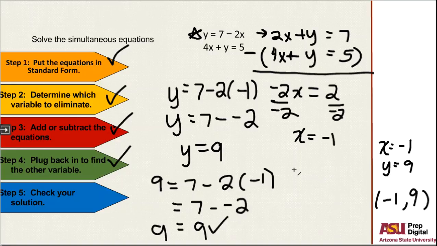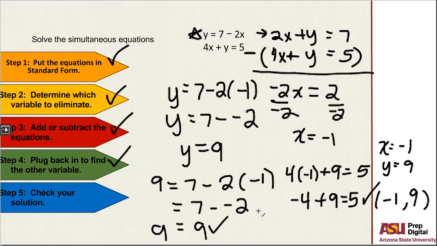For the second one, 4 times negative 1 plus 9, does that equal 5? Well, 4 times negative 1 is negative 4, and if we add negative 4 to 9, we do get 5. Now that I've checked that both work, I know that negative 1, 9 is the correct solution.